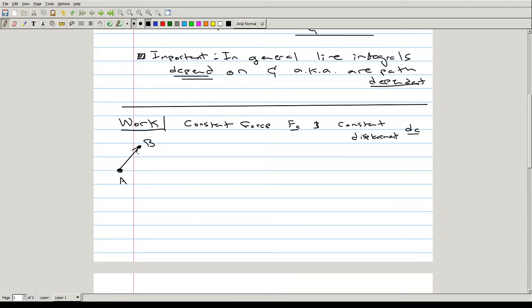This vector is dc, and the force at A is the constant force Fc. The work done moving from A to B is exactly equal to the dot product of Fc with dc.